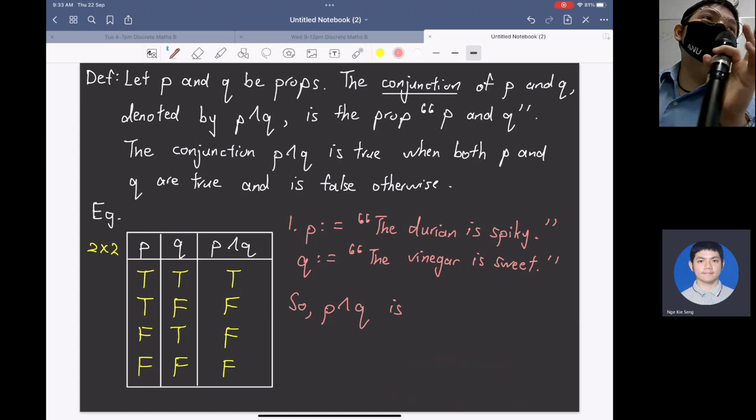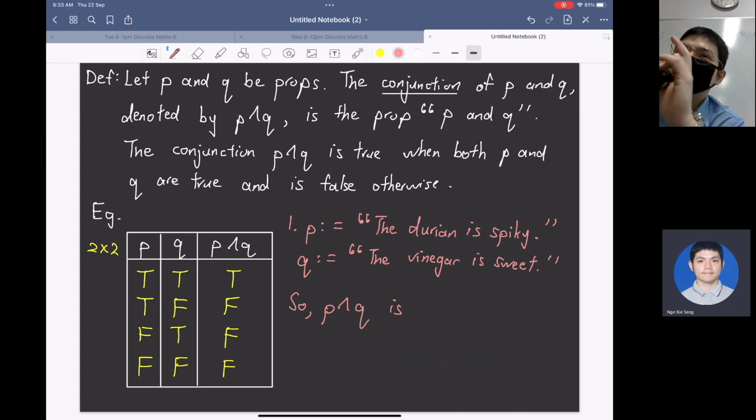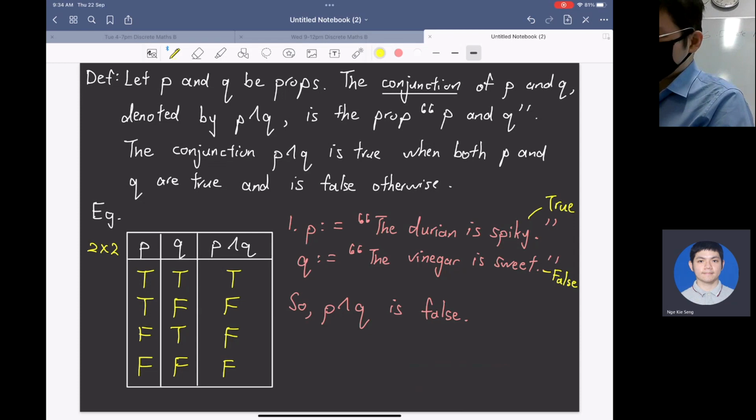Who said true? Your vinegar is sweet. False. Why is it false? The vinegar is not sweet, so it's false, although the durian is spiky. So P and Q is false. Okay.